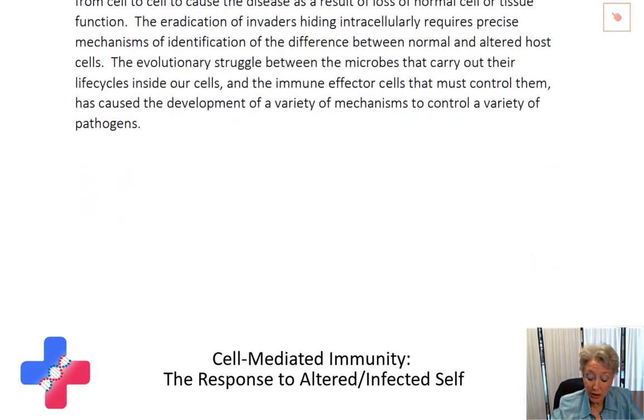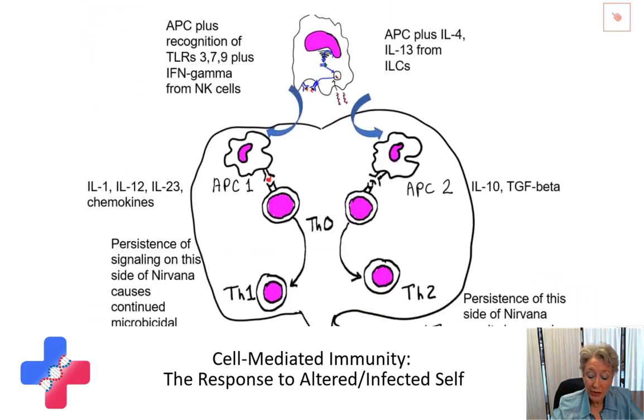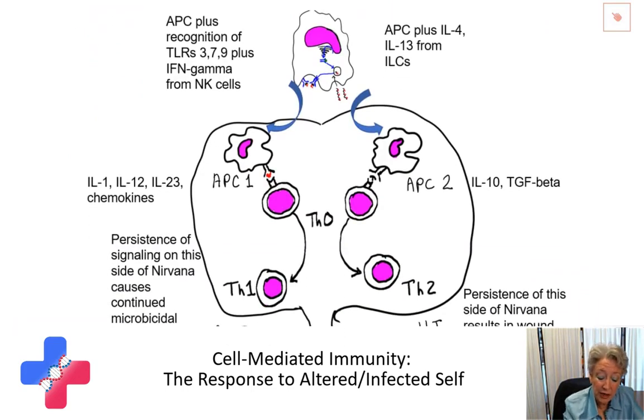So as we look at our next diagram, you'll notice, of course, that it is the APC's recognition of those TLRs that were cytoplasmic and the signaling of interferon gamma from innate cells like natural killers that told that APC that what had happened that had caused cellular damage was indeed something living inside that cell.